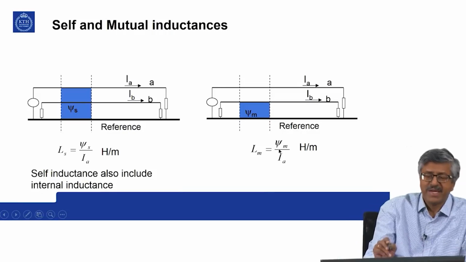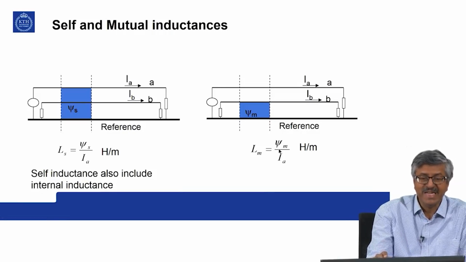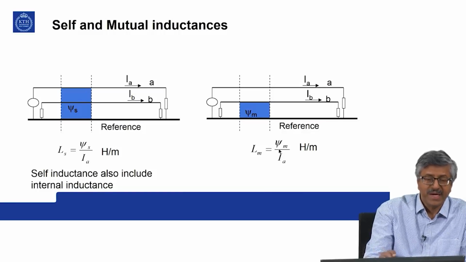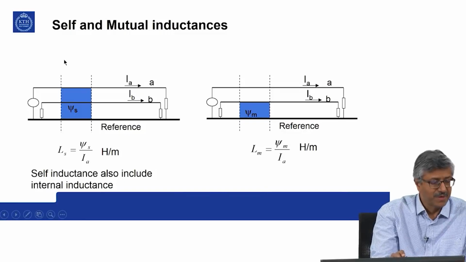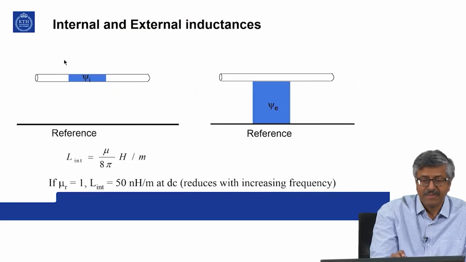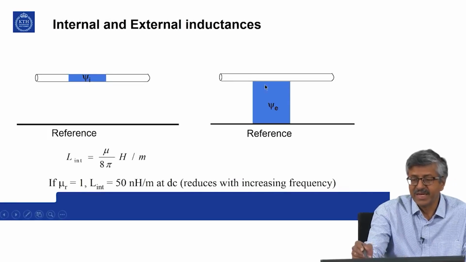So, self and mutual inductance is different from internal and external inductance. So, there are important differences. So, do not confuse between them. Internal inductance is part of the self inductance. So, here we have seen the external inductance.